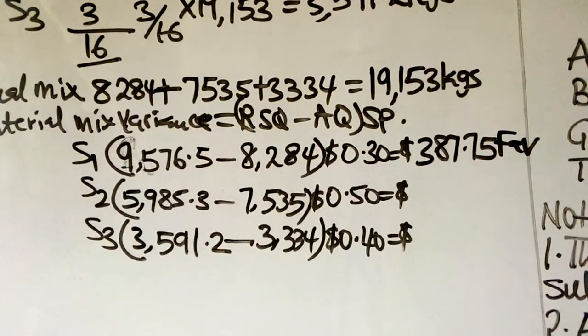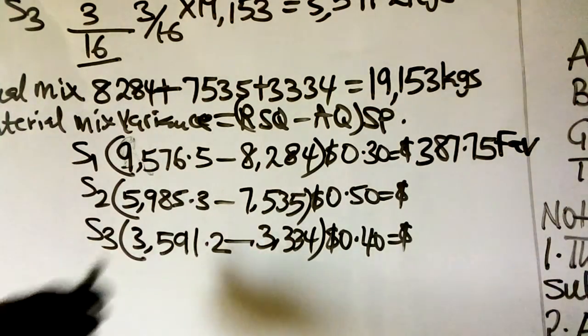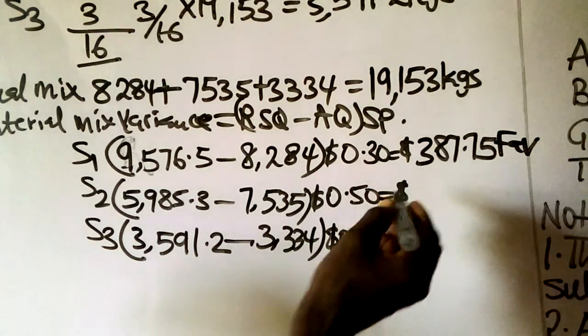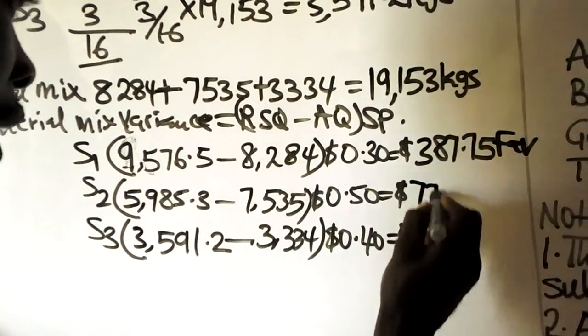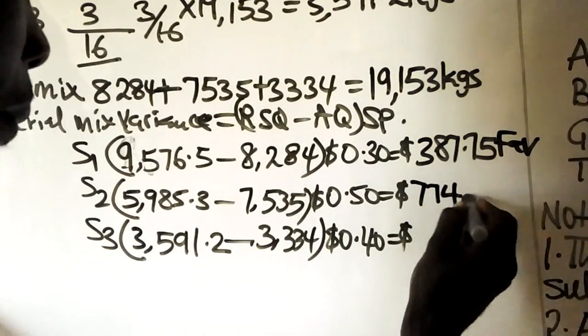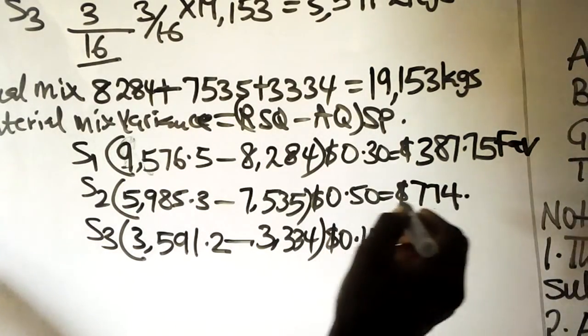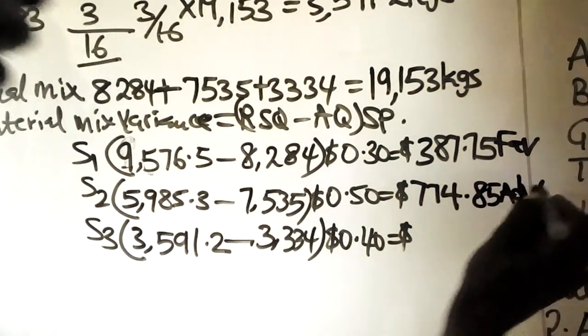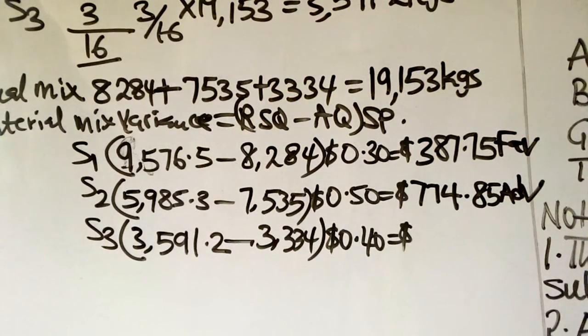Then 5,985 minus 7,535 times 0.5. We have 774.85 adverse.